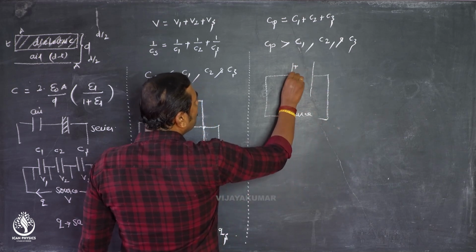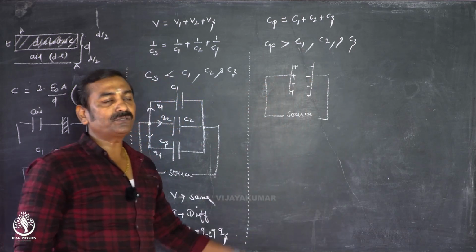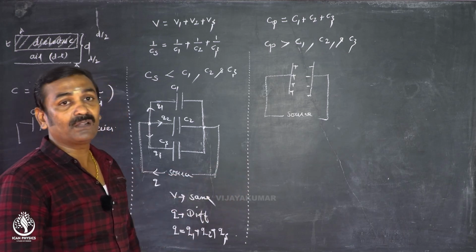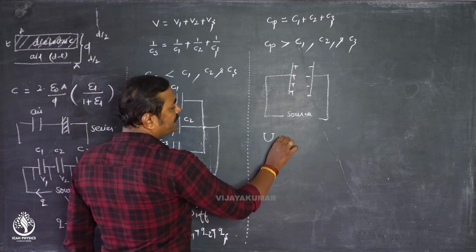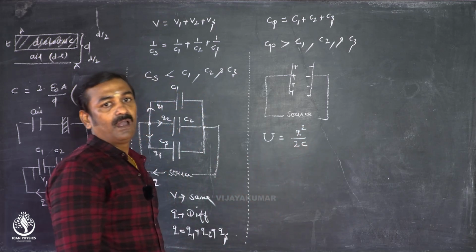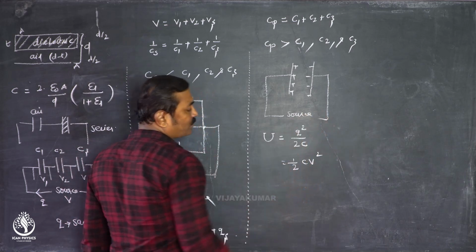It is used to store charges or an amount of energy. How can we calculate the amount of energy? Energy U equals Q squared by 2C, or otherwise half CV squared.